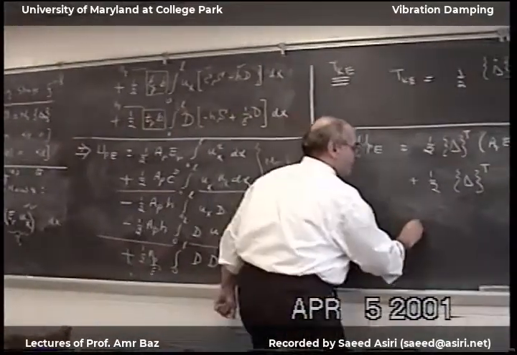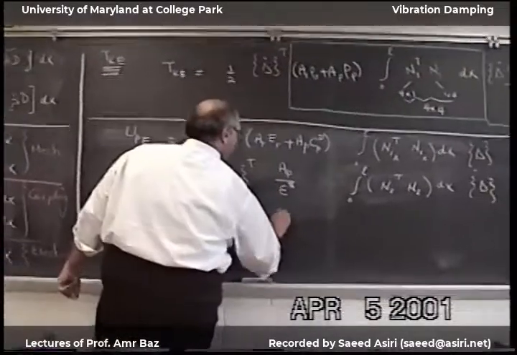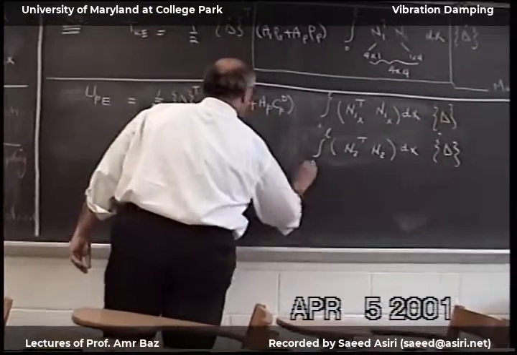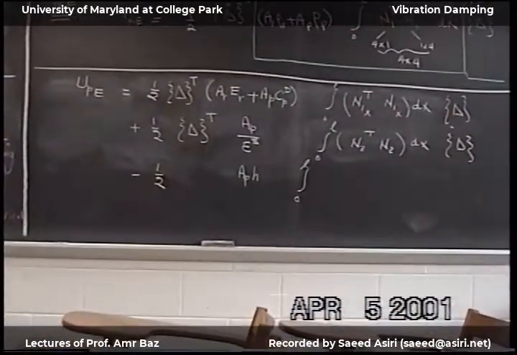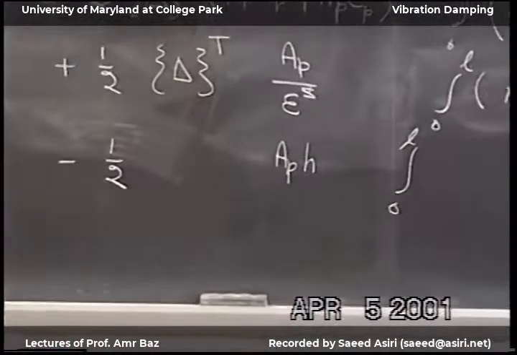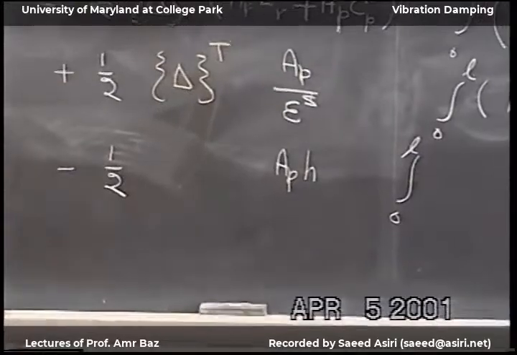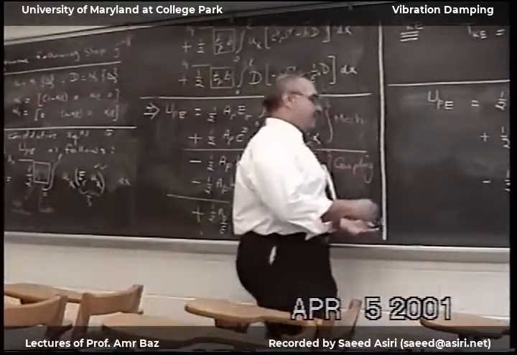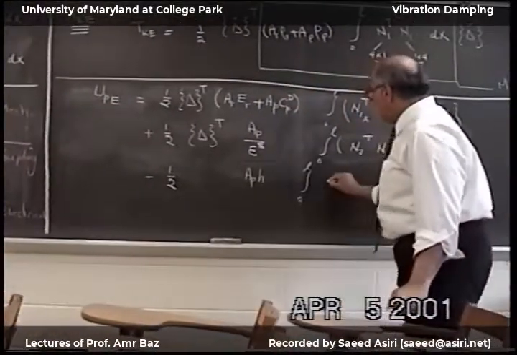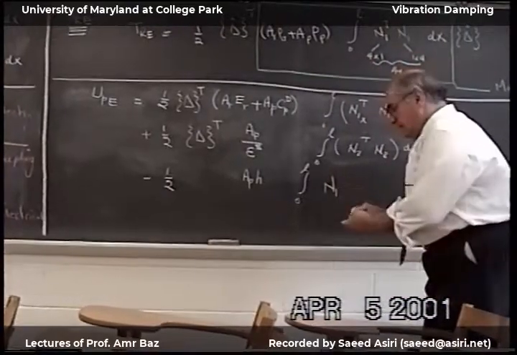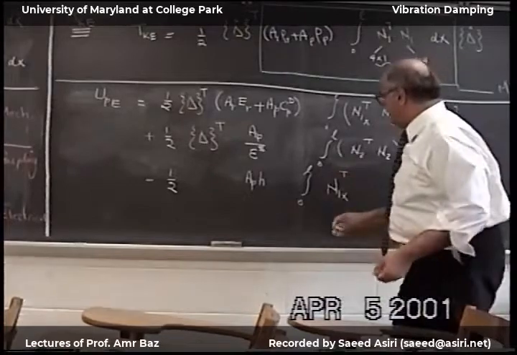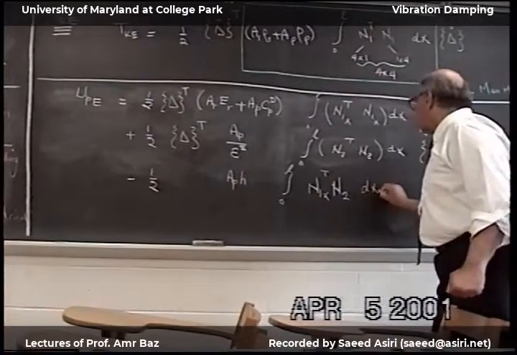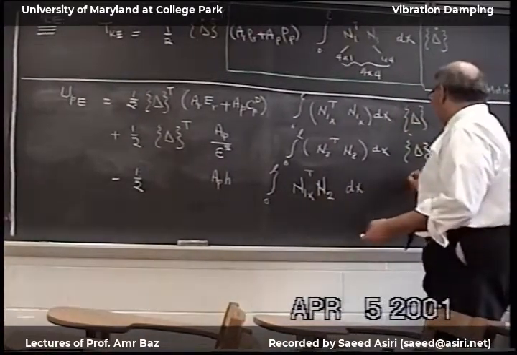So I have here minus 1/2 A D and H, now if we replace this from here, so this will be N1 X transpose, and then N2 dx, and then here the delta.